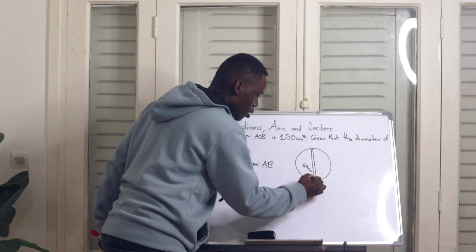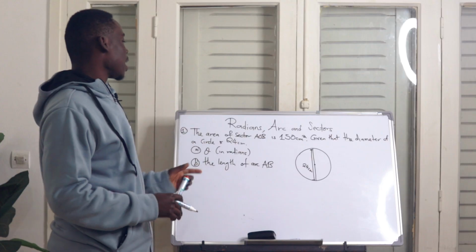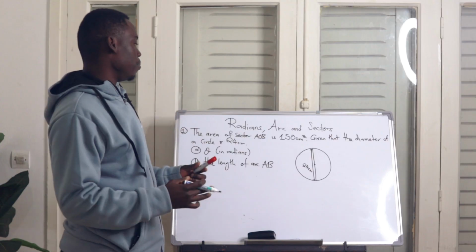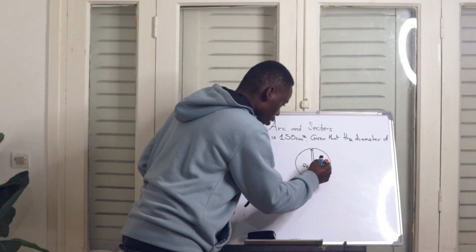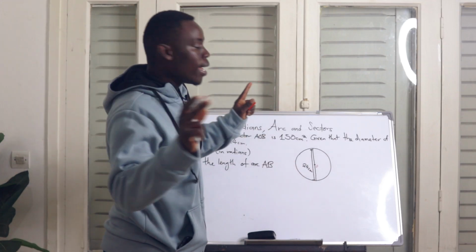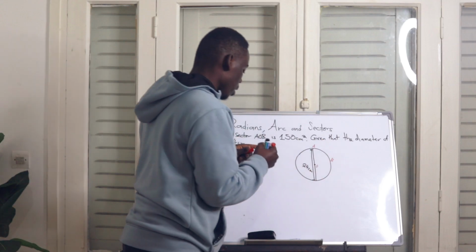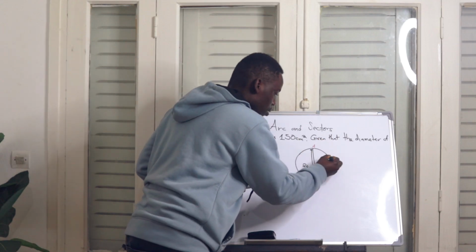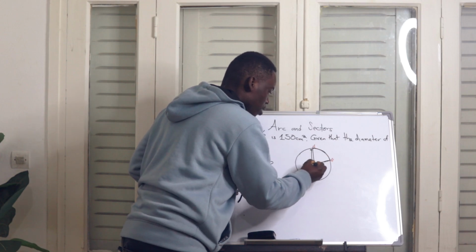This is the distance, 24 centimeters. Now O is our center, so I'm going to write O here. A and B are two points on the arc. We're going to visualize it like this, hence our point right there. So this is our sector.